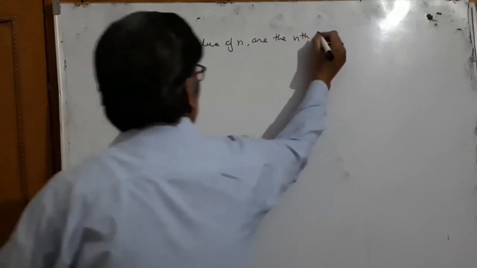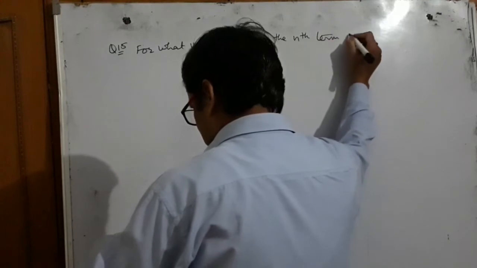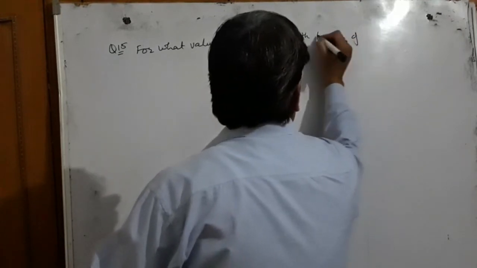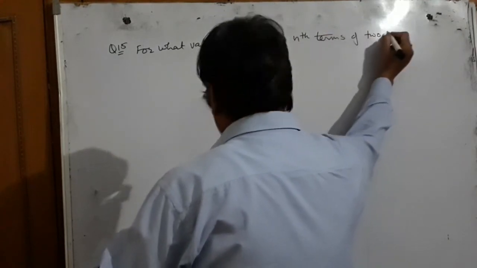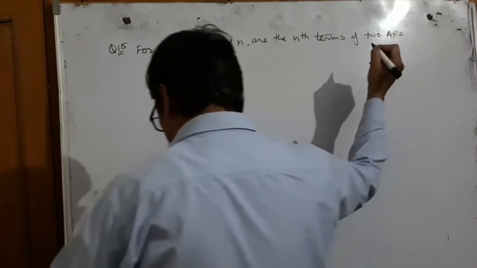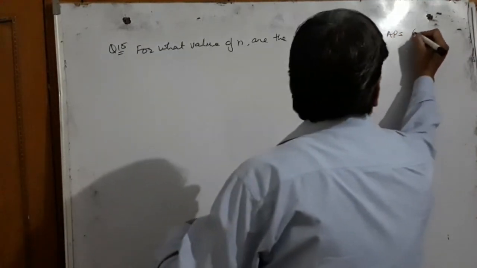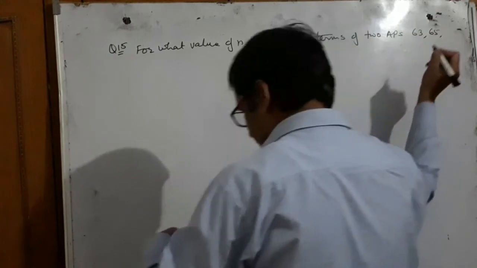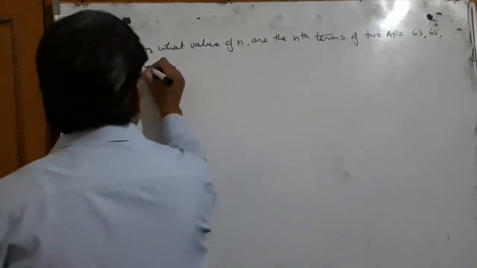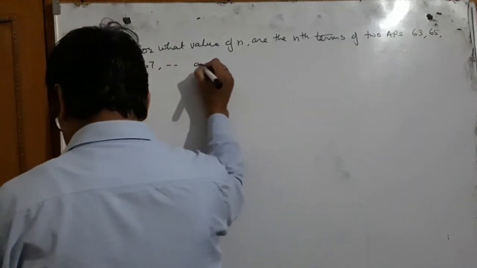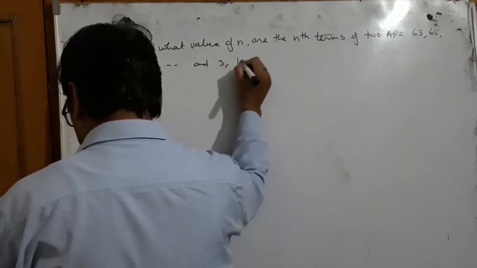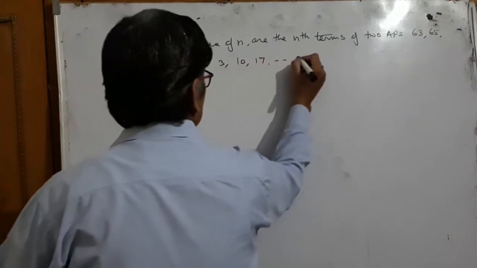For what value of n are the nth term for two APs 63, 65, 67 and 3, 10, 17 equal?